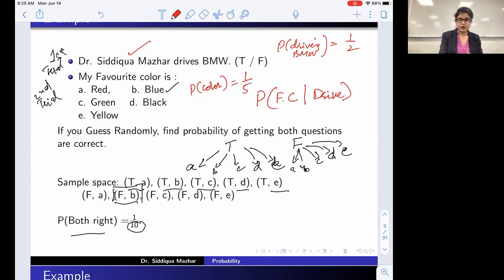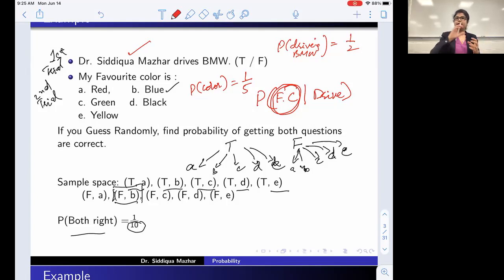Here, in the conditional probability, he is going to ask you about this one. You are looking for this event, on your right hand side. The first event is another thing. So you are looking for the probability of my favorite color.